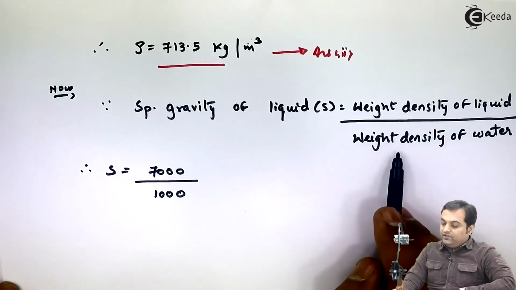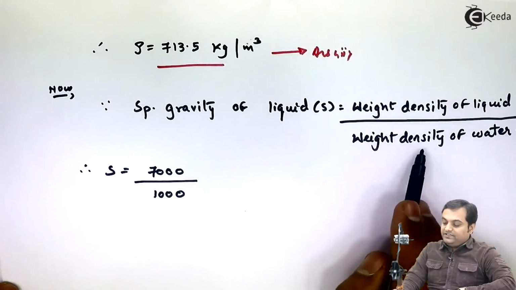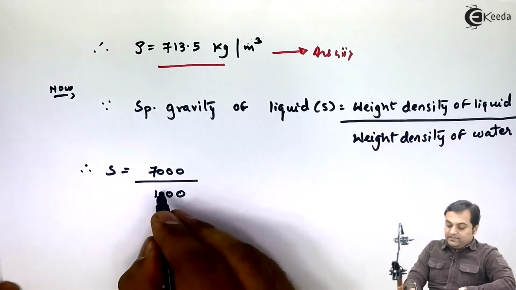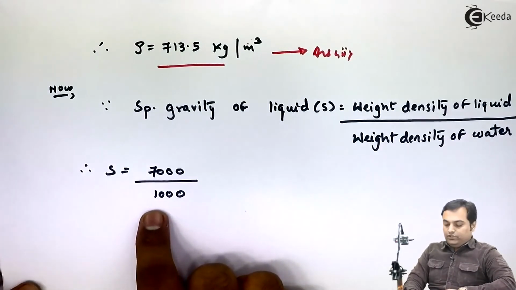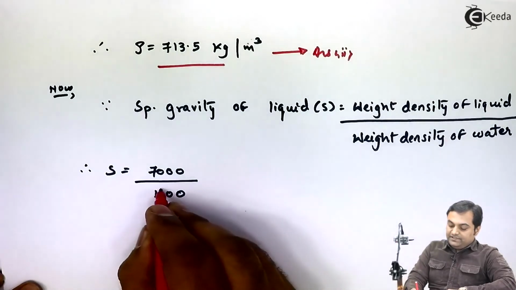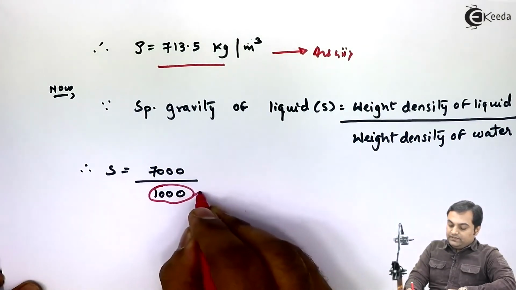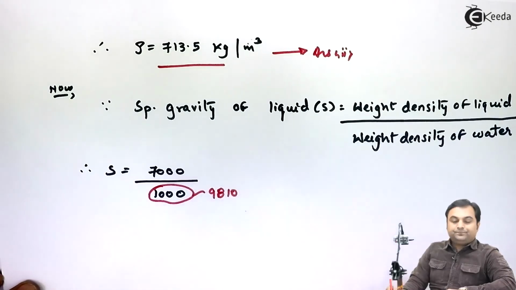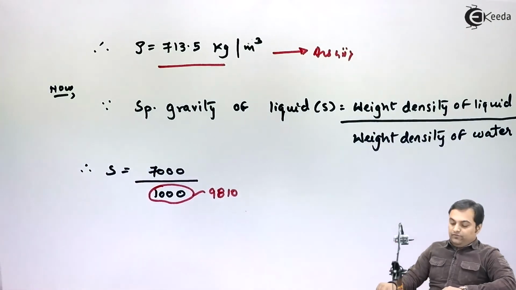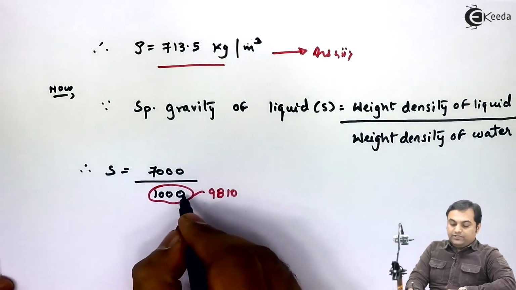Here we are writing weight density. Weight density of water is 9810. This is the mass density of water, 1000, and the weight density is 9810. How did I get this?